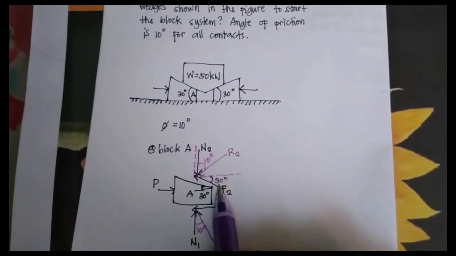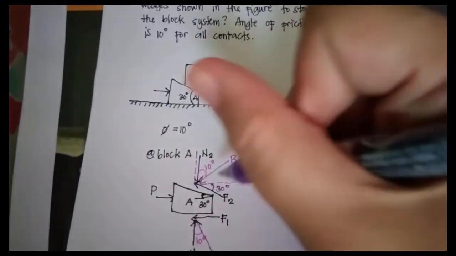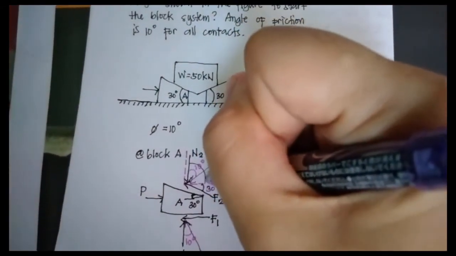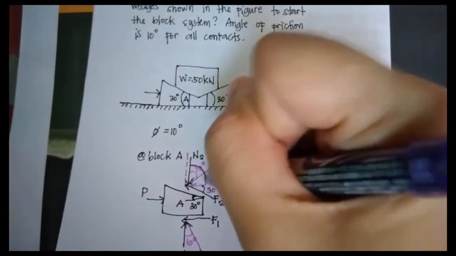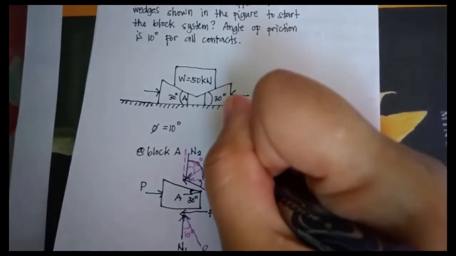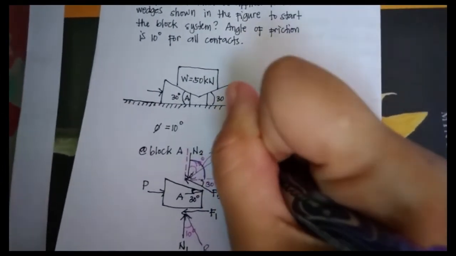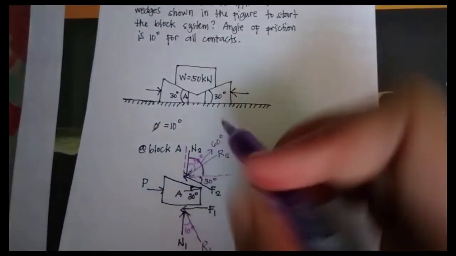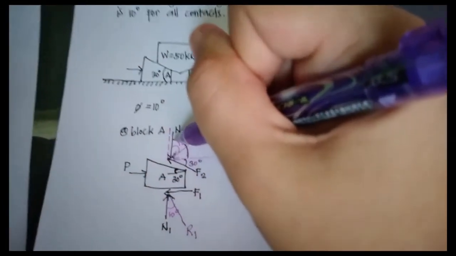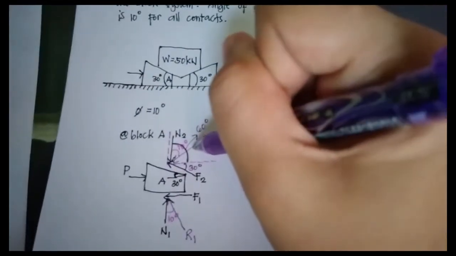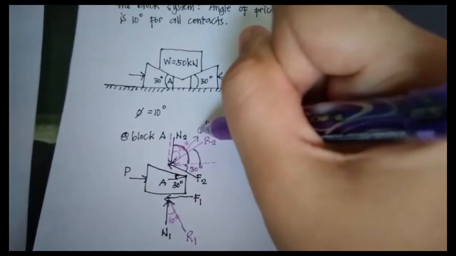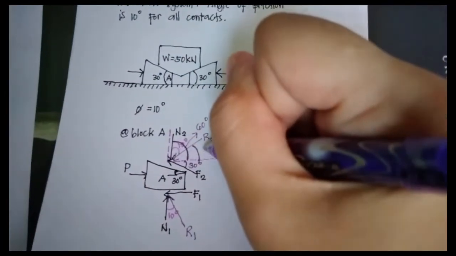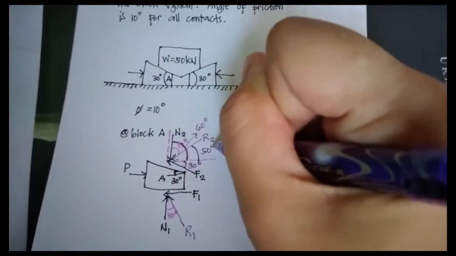If this is 30 degrees, this whole angle would be 60 degrees. So if this is 60 degrees, this angle will be 60 minus 10 degrees, which is 50 degrees.